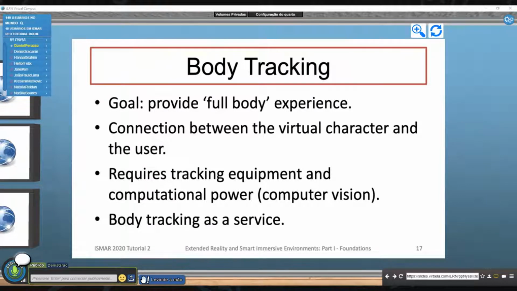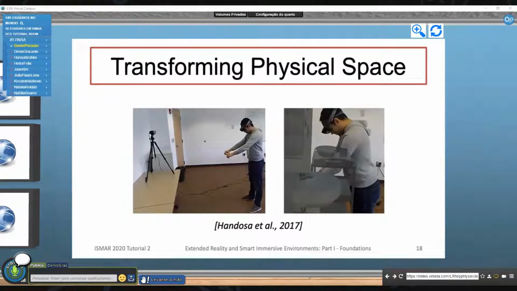So what does it mean, or what do we get when we provide the body tracking service? Well, that means that we can then transform physical space. We can look at a simple, let's say, classroom which has some sensor infrastructure, in this case, Kinect version 2 sensor that will provide for body tracking.